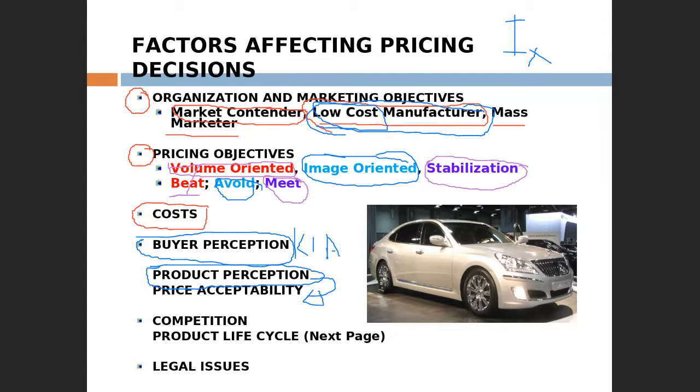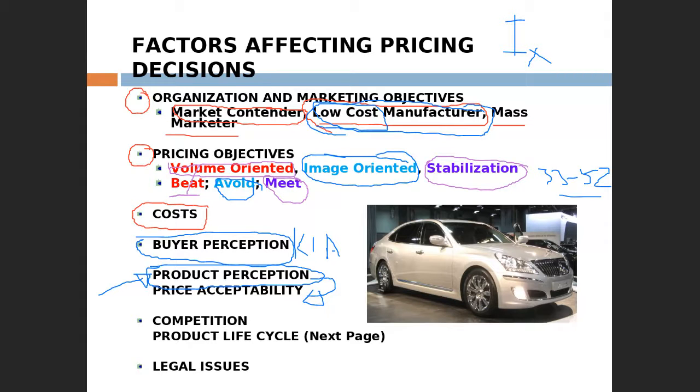Then I told you about this Kia Stinger, which is now priced from, let's say, 33 to 52. I said, wow, that's kind of the higher end. They're calling it a luxury vehicle. So Kia's job will be to change the product perception that we have of this particular brand.